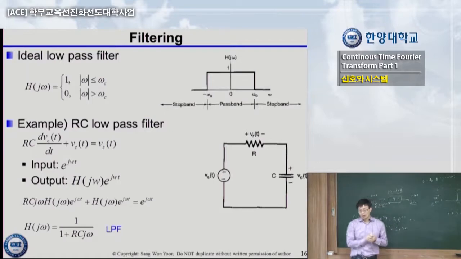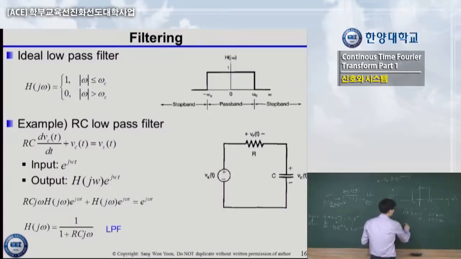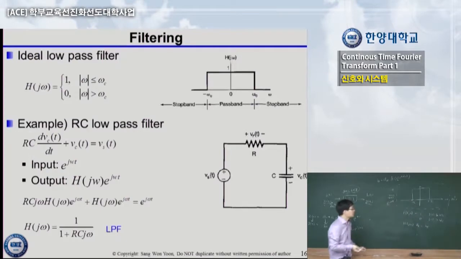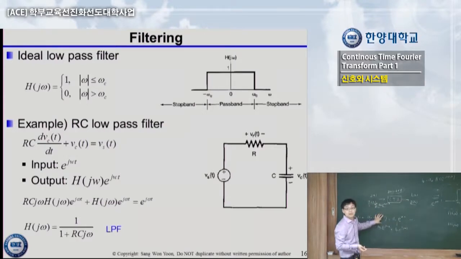So this is how we can find it. And the output will be given as H(j omega) times ak, right? There will be bk of the system. So this is our input, having just the fundamental frequency.